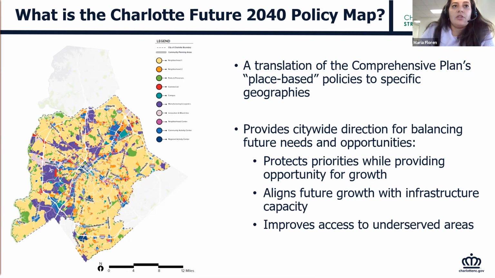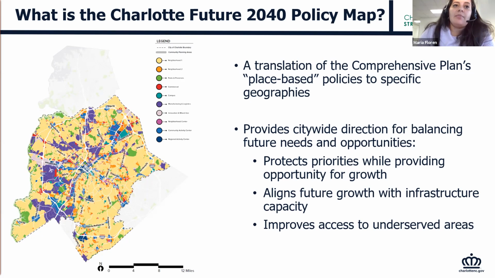The mapping effort will also ensure that we align future growth with infrastructure capacity so we grow smartly and maximize our resources. And finally, the 2040 policy map citywide direction means that we can ensure historically underserved areas are guaranteed better access in the future, and that Charlotte becomes a more equitable city.